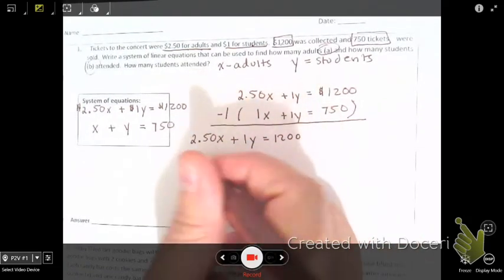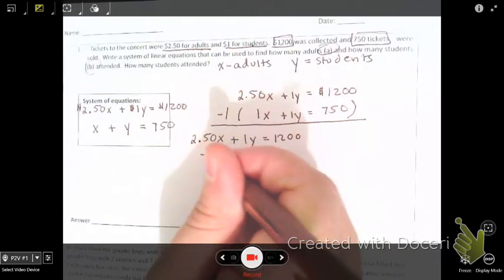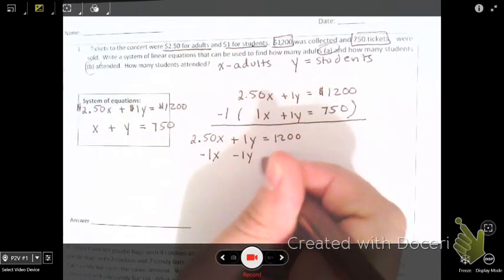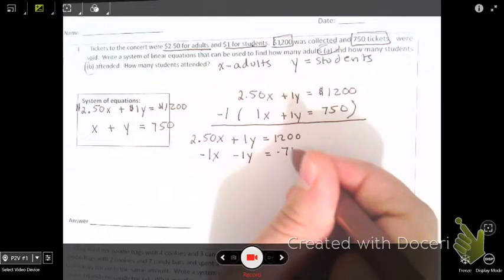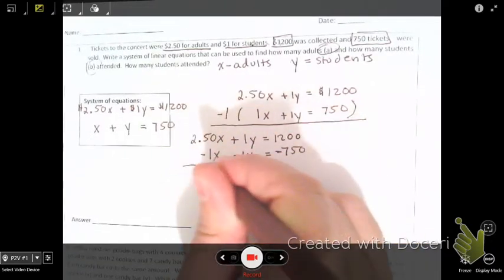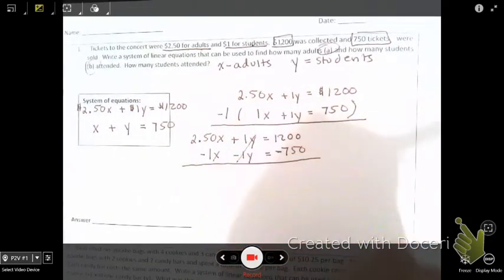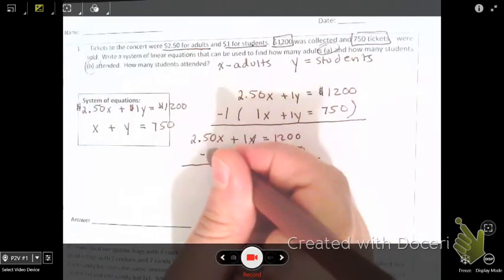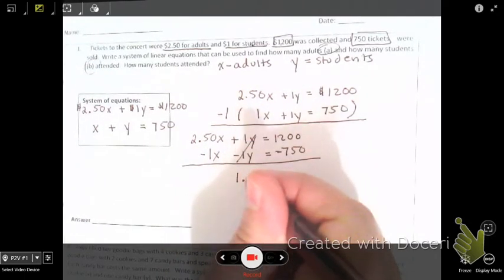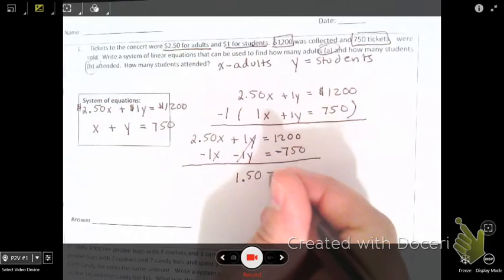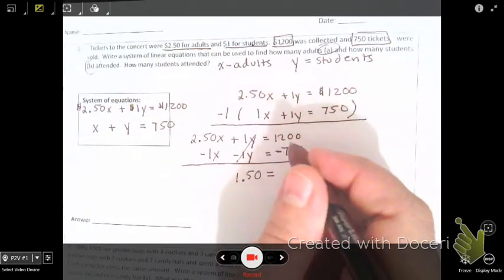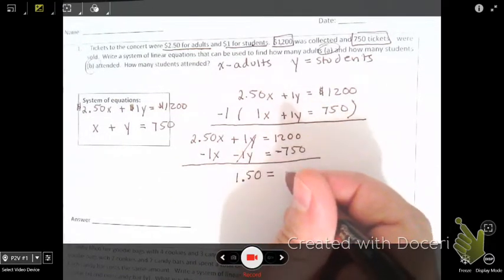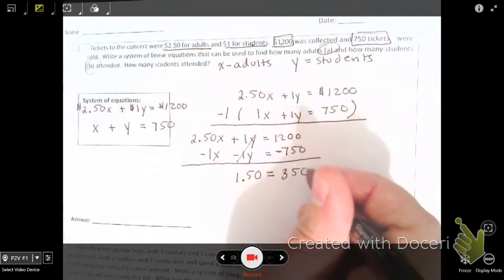And then the bottom equation is going to be -1x minus 1y equals -750. Now, I'm going to eliminate the y's and continue solving. So, 250 minus 1 is 150, and then 1,200 minus 750 is 350.